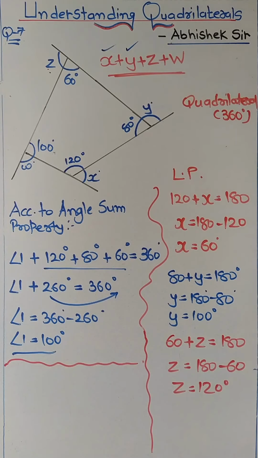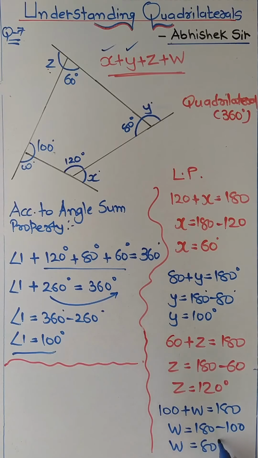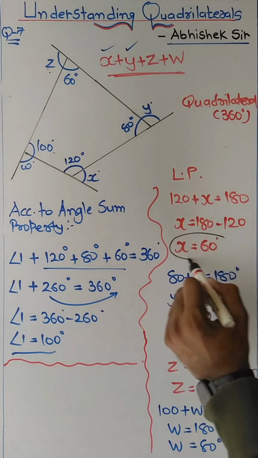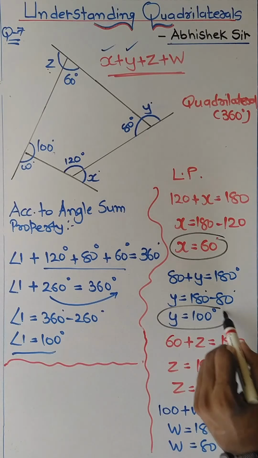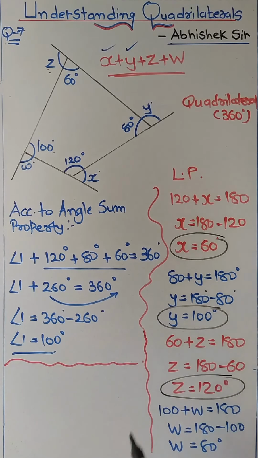Now moving on to w. So it is 100 plus w equals 180. So w equals 180 minus 100. w equals 80, right? So 4 times we applied linear pair and we got x 60, y 100, z 120, w 80.